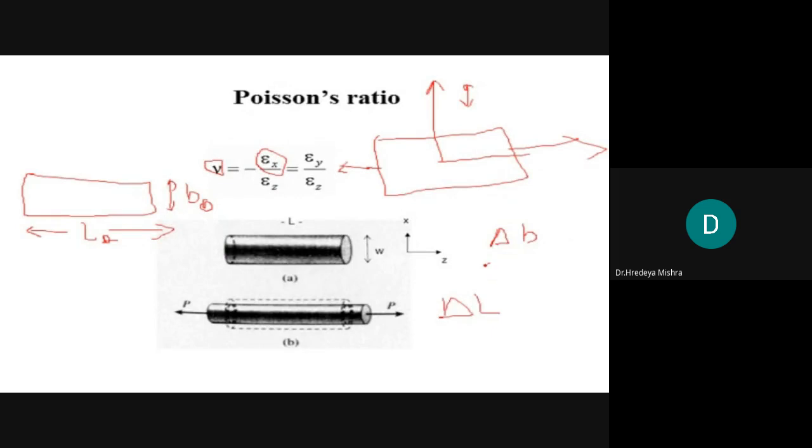So epsilon x, the strain in the x direction, is delta L divided by L naught. If delta L is the elongation, then delta B will definitely be a decrement, so we put a minus symbol here.